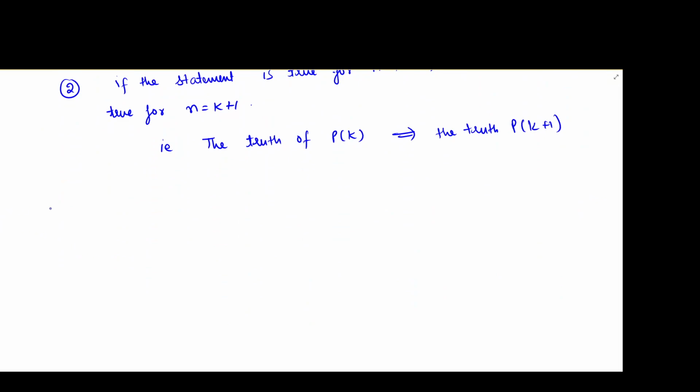For example, we have Pn: 1 plus 3 plus 5 plus 7 up to 2n minus 1 is equal to n square. It is a sum of odd natural numbers. We have to show that it is true for every value of n.